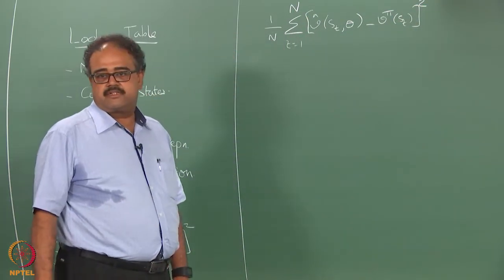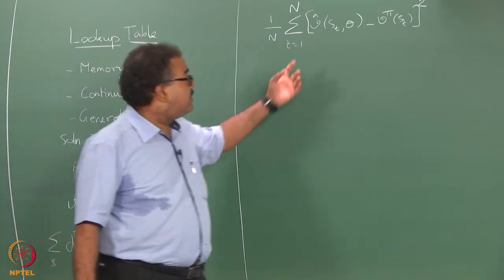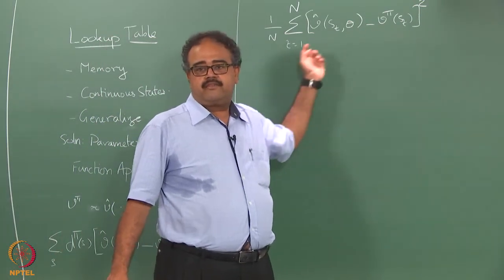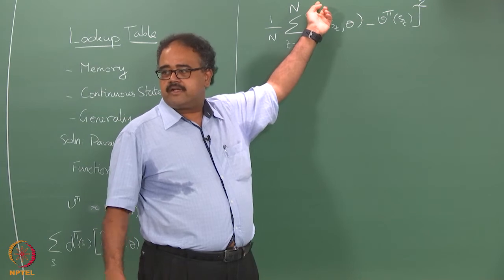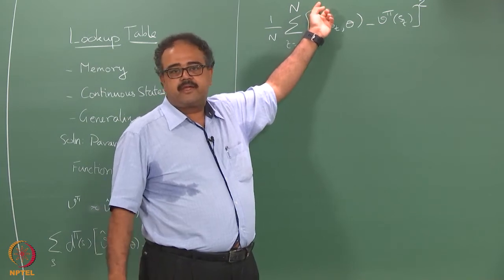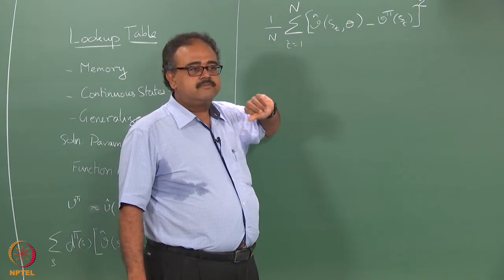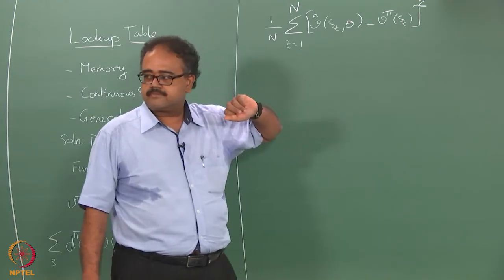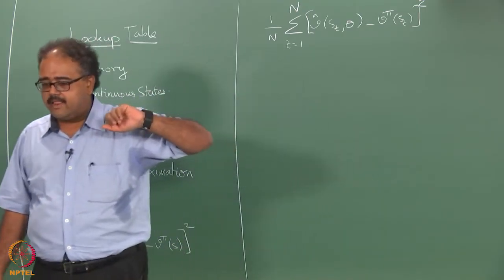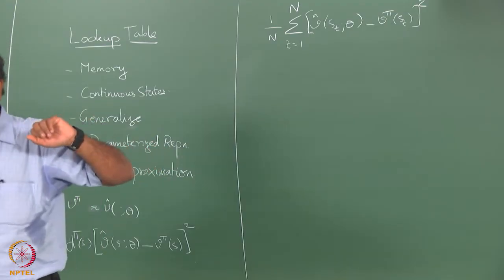Take that as my error measure, provided S1 to Sn were sampled along a trajectory generated by using pi. Okay, make sense? Good.